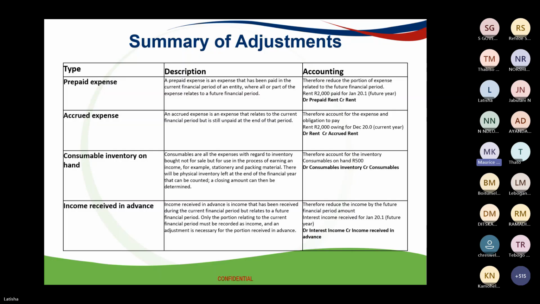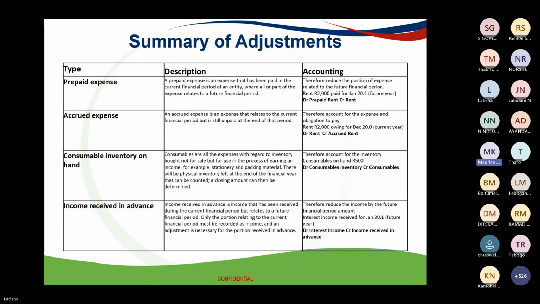What does that mean? That means that if we bought stationery for 15,000 rands, it would have been expensed. But then at the end of the year, if 2,000 of that stationery is on hand, it should be adjusted by crediting the consumables and debiting the consumables inventory.